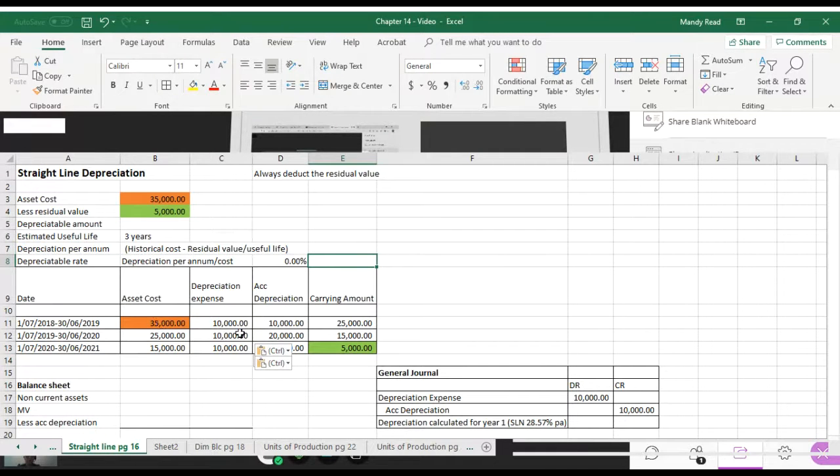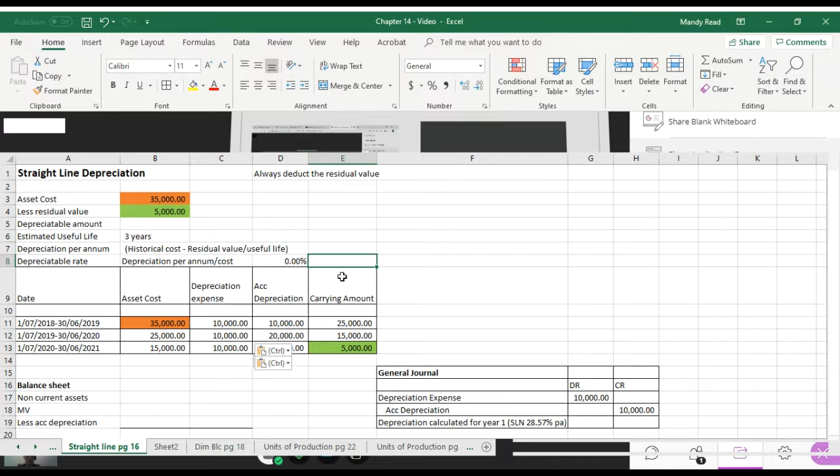Our depreciation the next year is $10,000. Our accumulated depreciation is now $20,000 because we've had $10,000 the first year and $10,000 the second year. Our carrying amount at the end of the year is our opening written down value less the depreciation expense, which gives us $15,000.